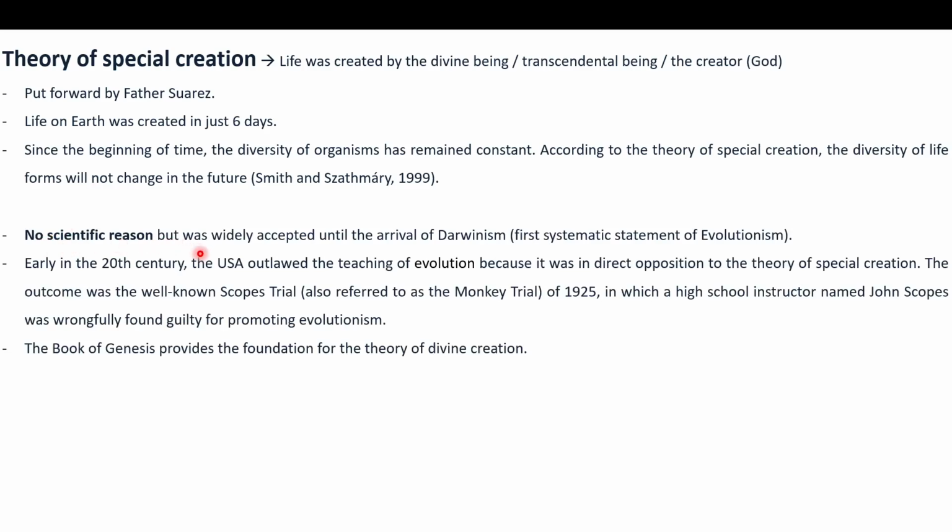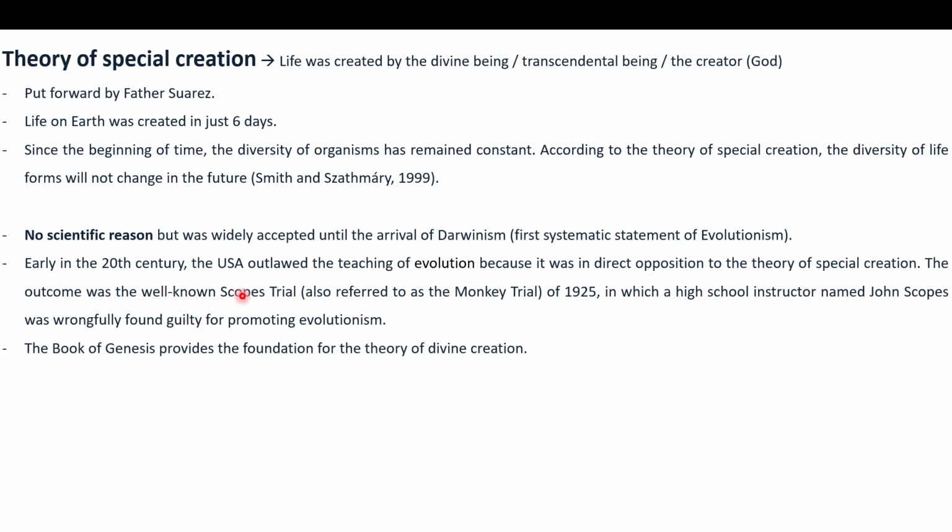However, there's no scientific basis, but this particular theory of special creation was widely accepted until the arrival of Darwinism, which is actually the first systematic statement of evolution. And early in the 20th century, the USA actually outlawed the teaching of evolution because it was in direct opposition to this theory of special creation. Such was the effect and the belief on this particular theory.